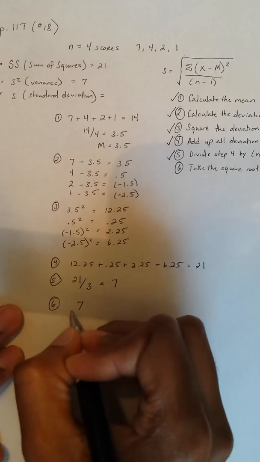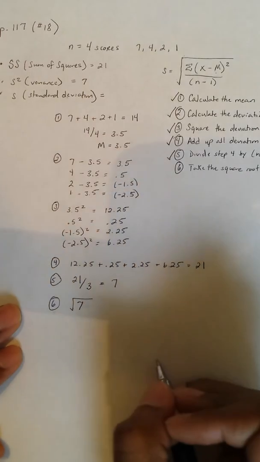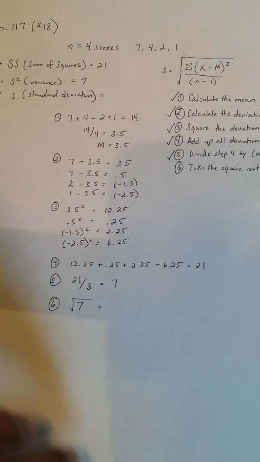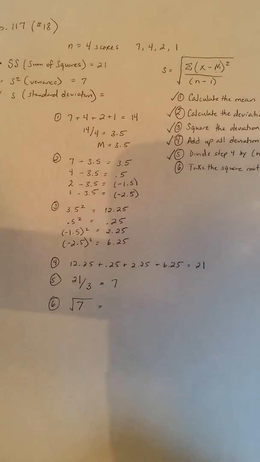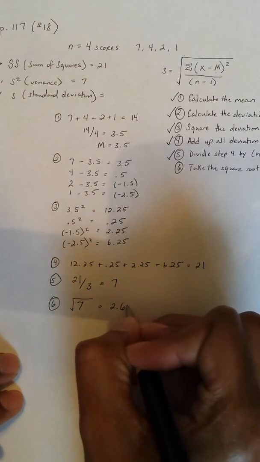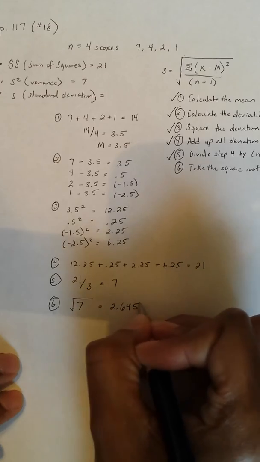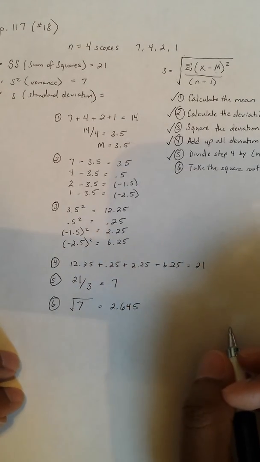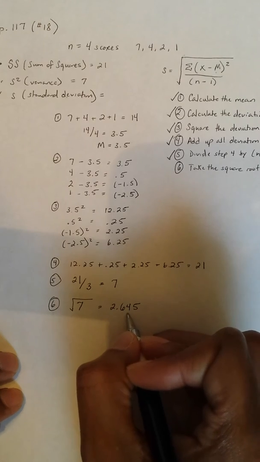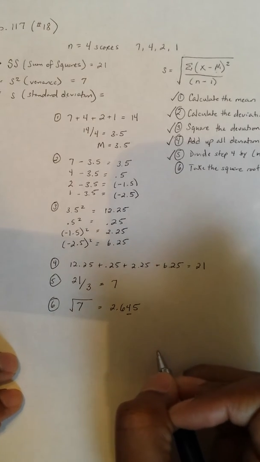And that is taking the square root of 7. Okay, so if we take the square root of 7, we will get 2.645. Now, I'd like for you all to round to the hundredths place.